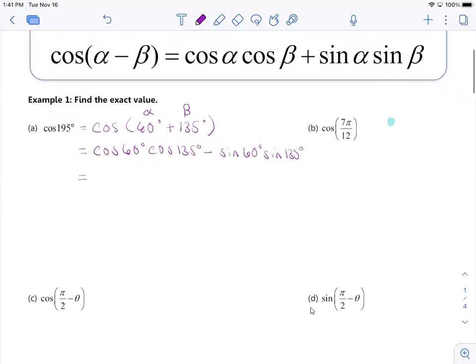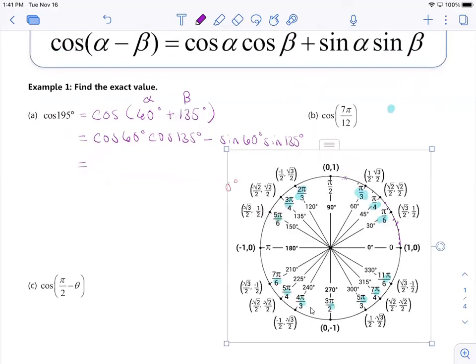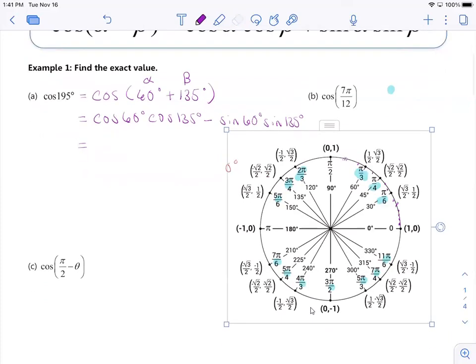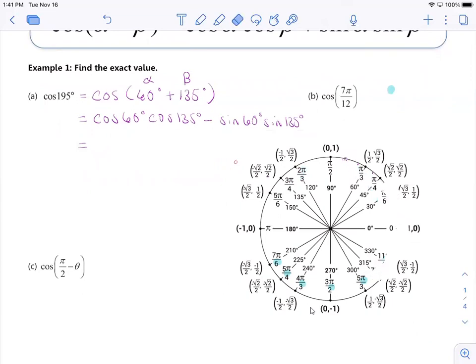And you have that unit circle hopefully memorized. Let's get rid of this stuff so it doesn't get confusing. I'm looking at 60 and 135, so I'm going to just focus my attention here and here.